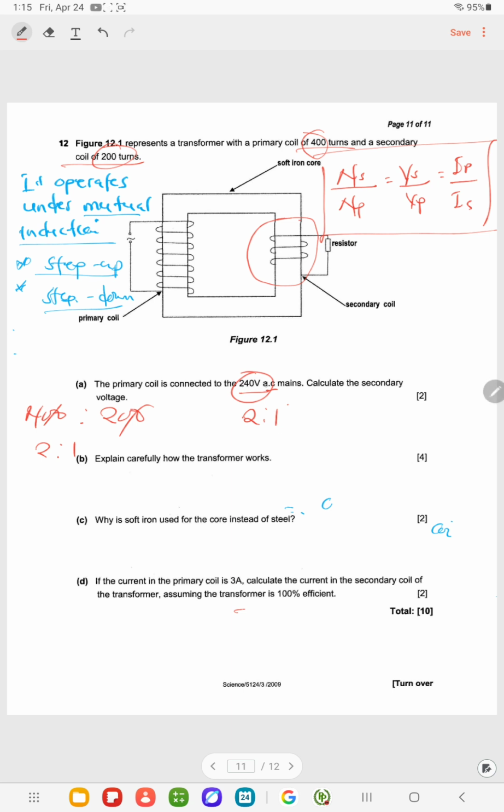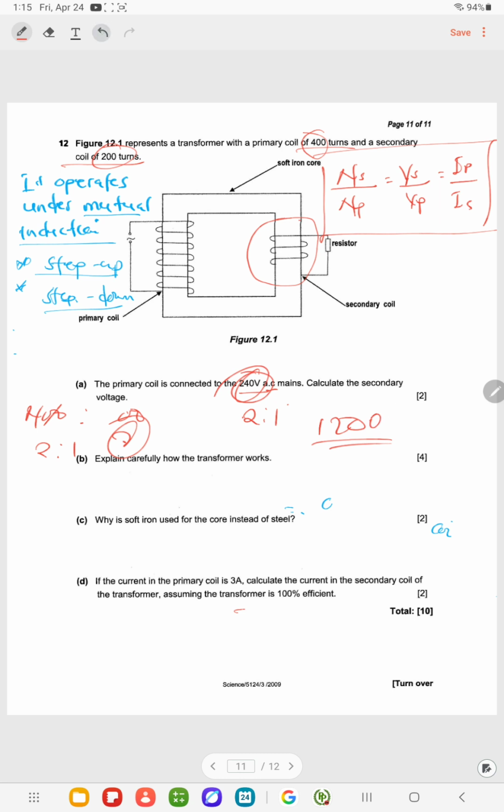If you have 240, then the ratio is 2 to 1, since 400 over 200 is 2. If you do the mathematics, 240 divided by 2 will give us 120 volts. So this is the answer, 120 volts.